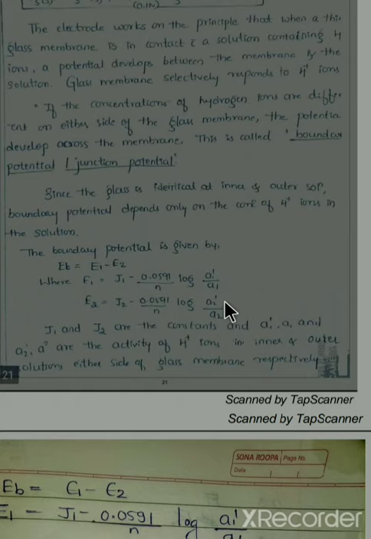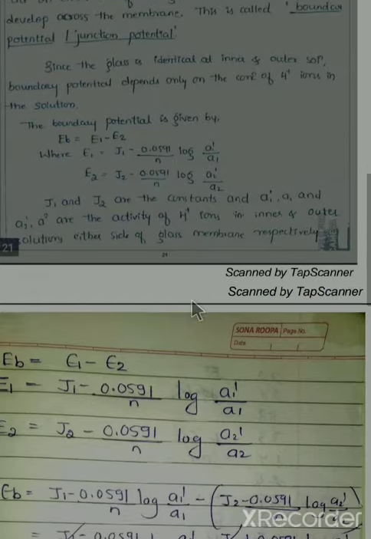So J1 and J2 are constants, and A1 dash, A1 and A2 dash, A2 are the activities of H plus ions in the inner and outer solution on either side of the glass membrane respectively.